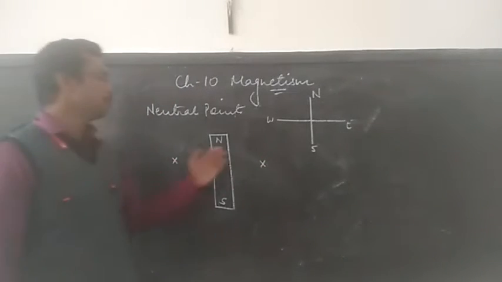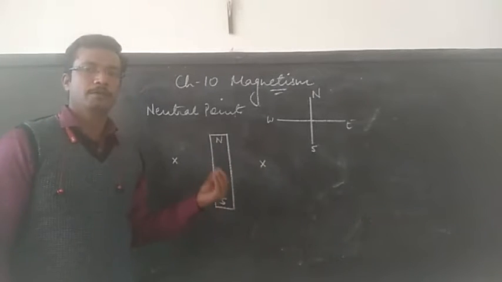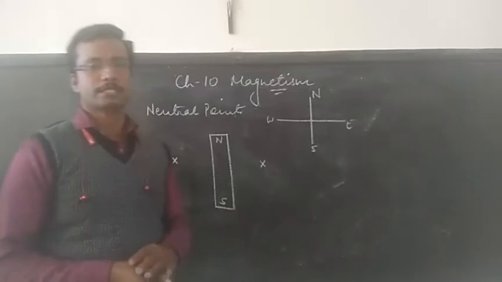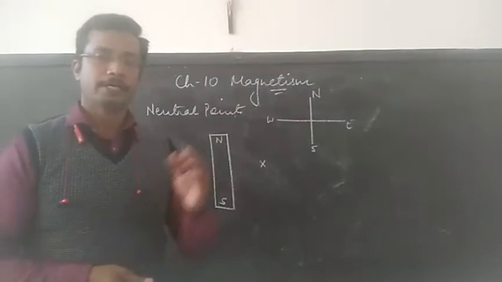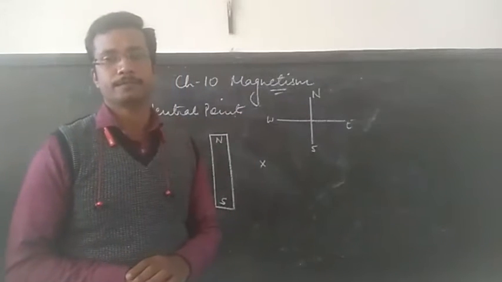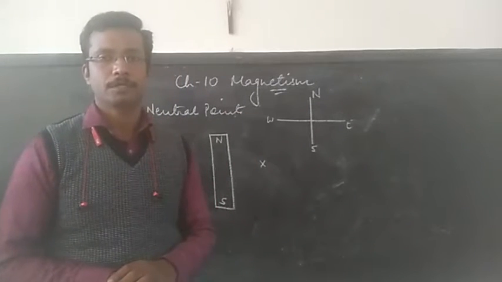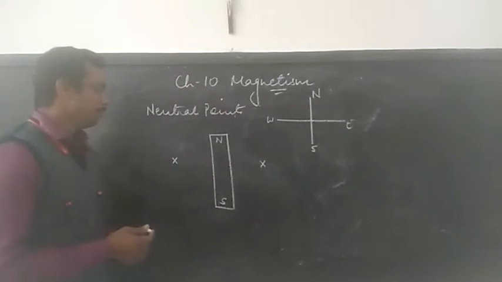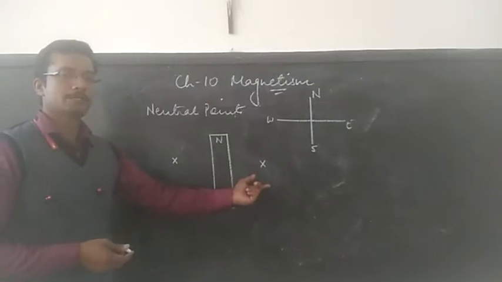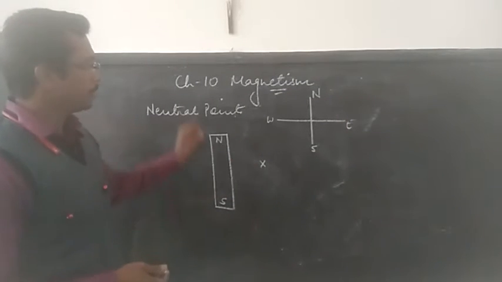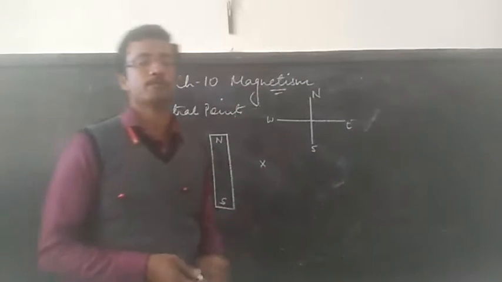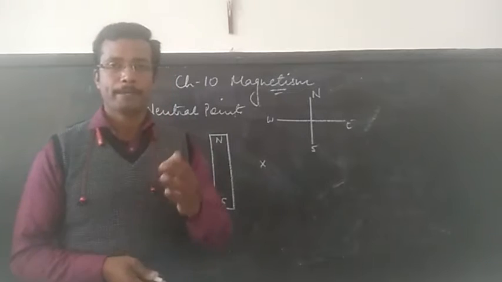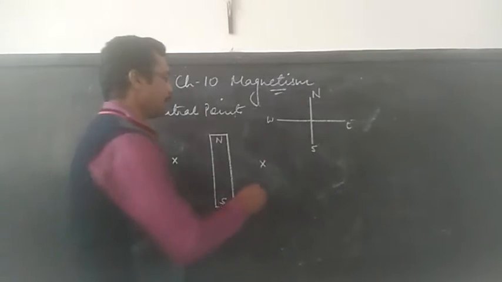And these two neutral points will be at equal distance from the magnet. That is, they will be equidistant from the magnet. This is the case where we can obtain the neutral points of a magnet with the north pole facing the north pole.